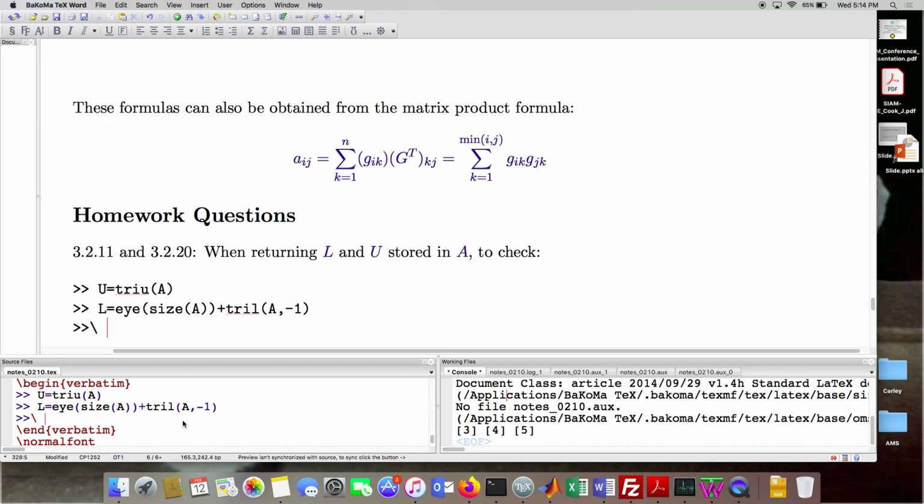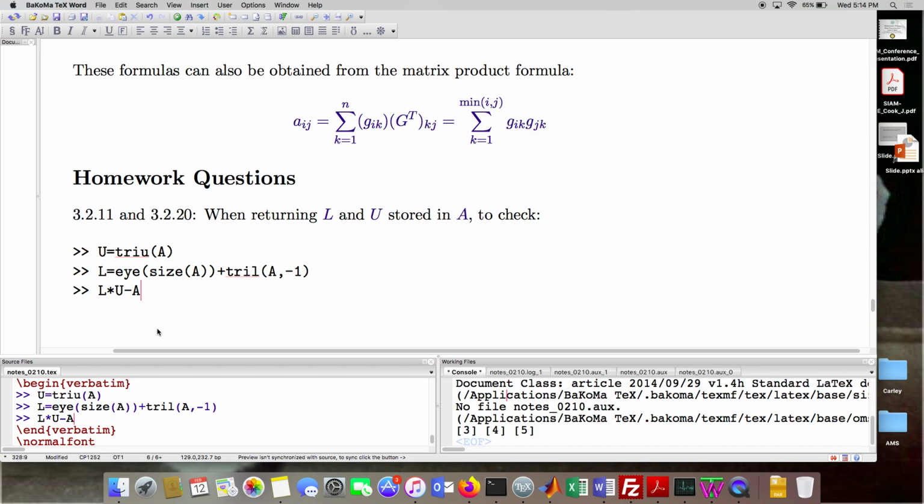And so then you can check: LU should equal A. Now this is for problem 11, so no pivoting. What you should get is a matrix whose entries may not be exactly 0, but very close to 0, very small numbers on the order of 10 to the minus 15 or something like that.